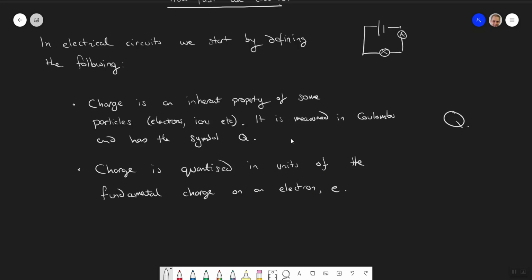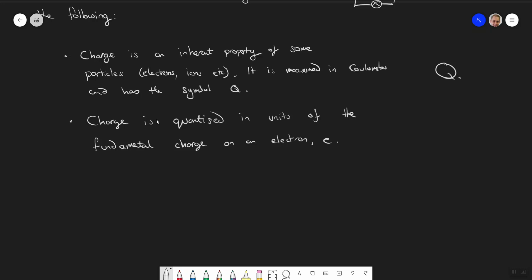Whenever you see a little e, it means the charge on an electron, where e is equal to 1.6 times 10 to the minus 19 coulombs. If this is an electron, we'd say it's negative, so e just means the magnitude. The charge on a proton is also e, but it's plus e, whereas the charge on an electron is minus e.